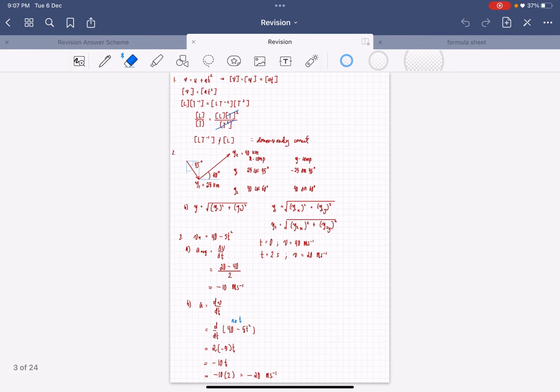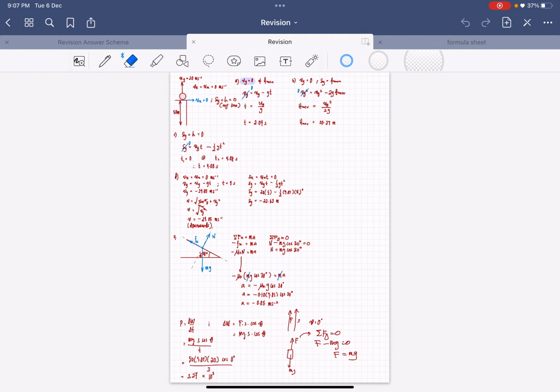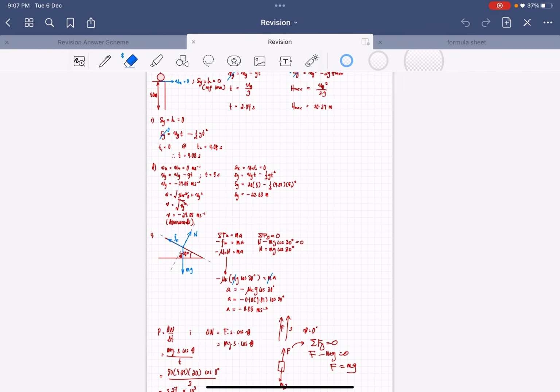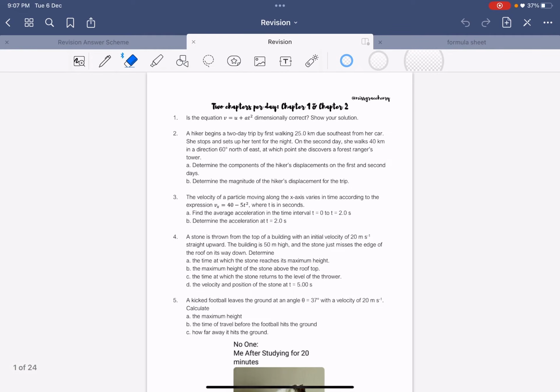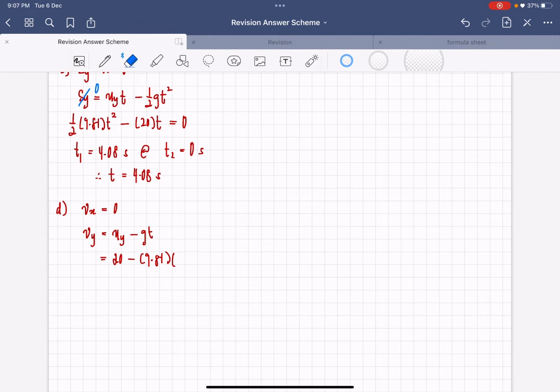Let me double check. Sorry everybody. So the t here is t equal to 5 seconds. So vx is still equal to 0 because vx is equal to the initial velocity, so it's equal to 0. t is equal to 5.